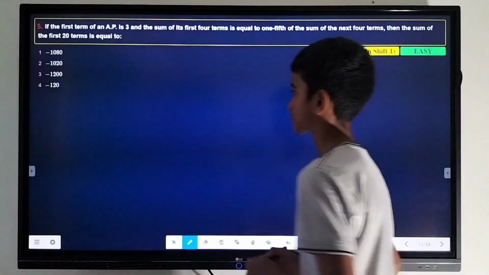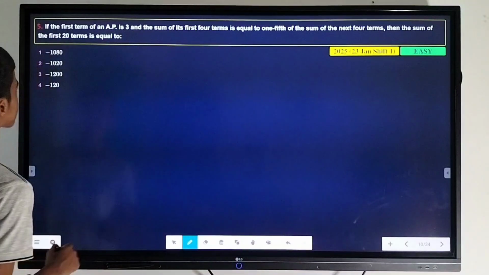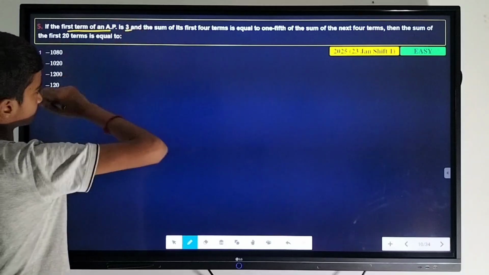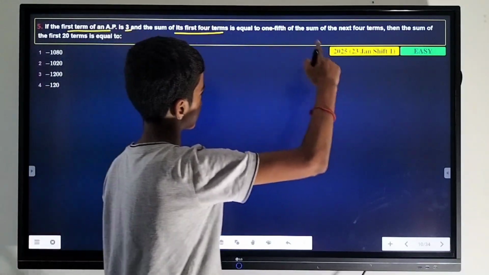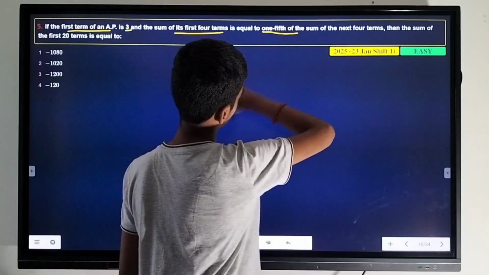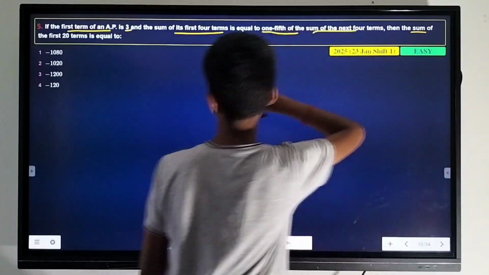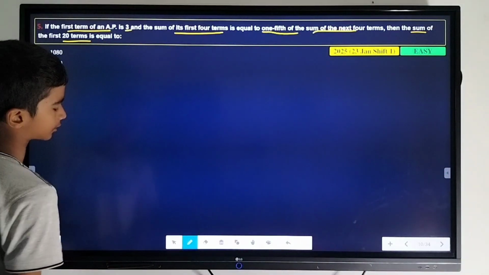Here is our next question now. This time our question says, if the first term of an AP is 3 and sum of its first 4 terms is equal to 1/5 of the sum of next 4 terms, then the sum of first 20 terms is equal to.